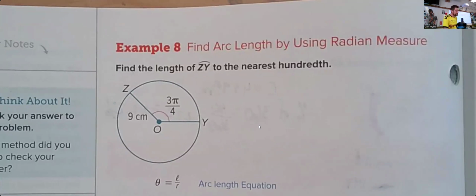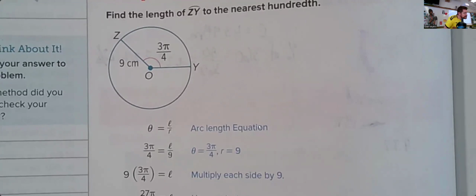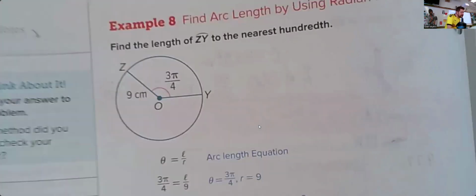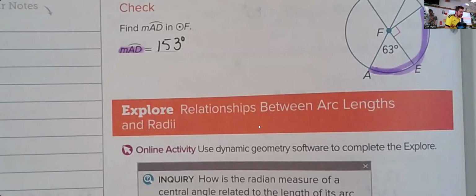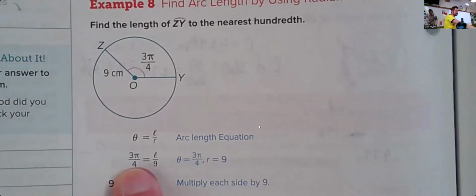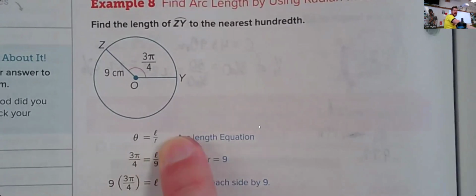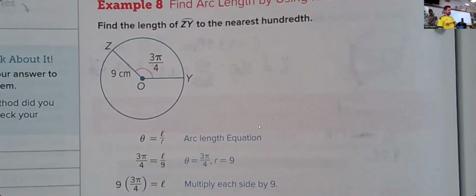Oh, by the way, we have a formula for arc length in degrees, but we don't have a formula for arc length in radians. We have a formula for radians, but we don't have a formula for L. So let's talk about this for a second.